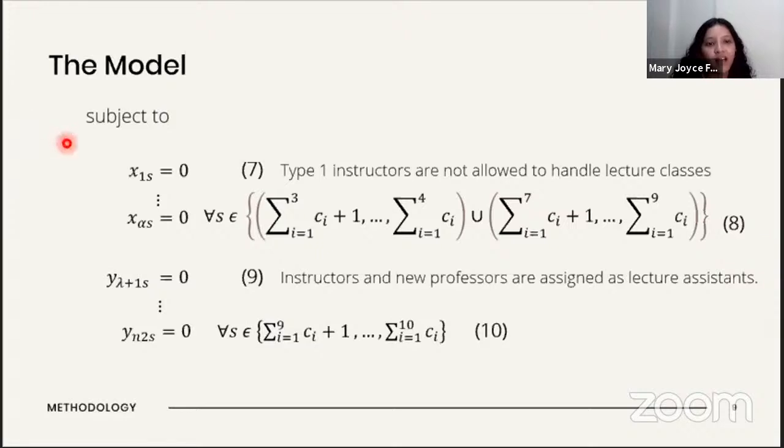And alpha, last number lang siya ng type 1 instructor. And then this one, instructors and new professors are assigned as lecture assistants. So, i-zero lang natin siya sa professors na hindi baguhan. Kasi lecture assistants sila. So, for the type 1 instructors, yung ibang instructors, at new professors lang.